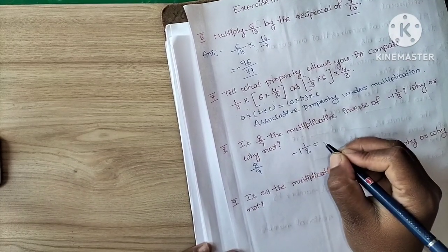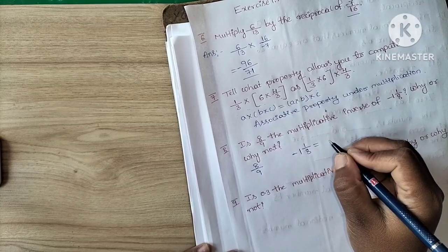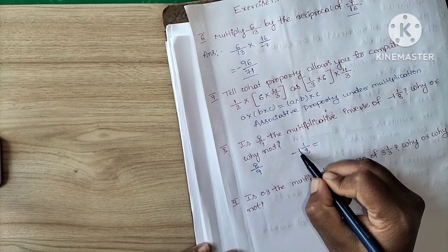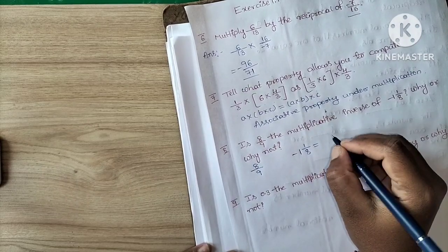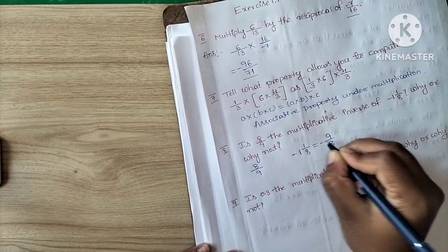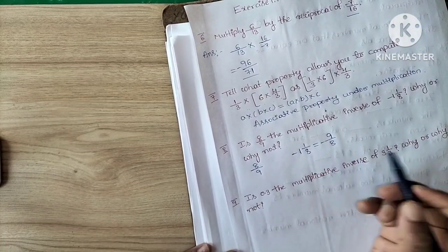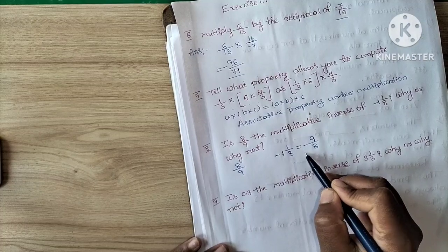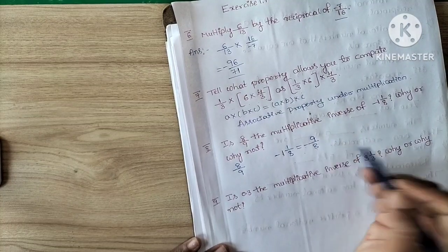If we write it as an improper fraction, 8 ones are 8, 8 plus 1 is 9, and we keep the same denominator. Converting this mixed fraction into an improper fraction, we get minus 9 by 8.